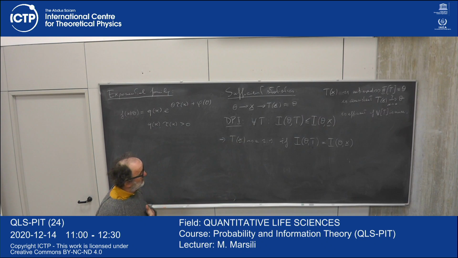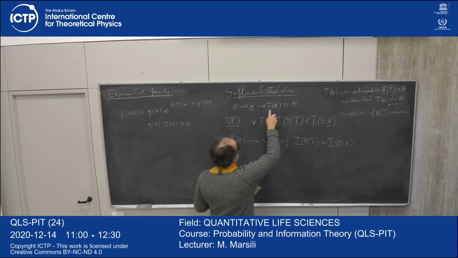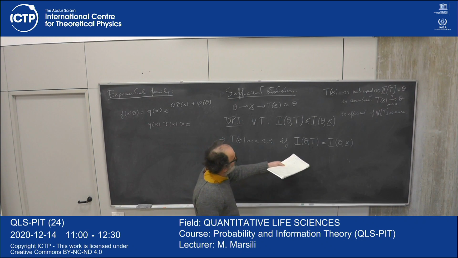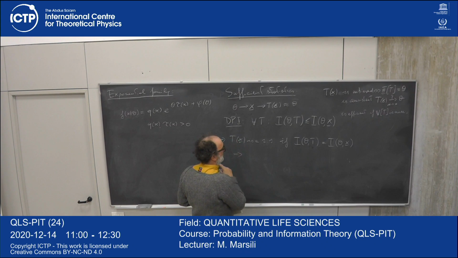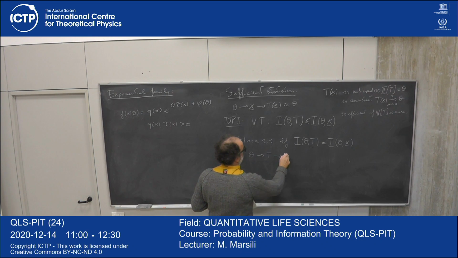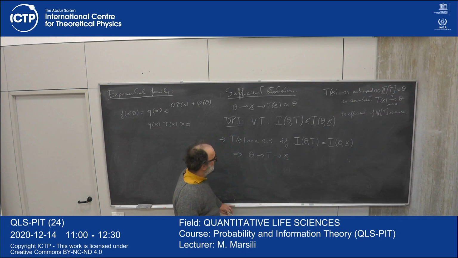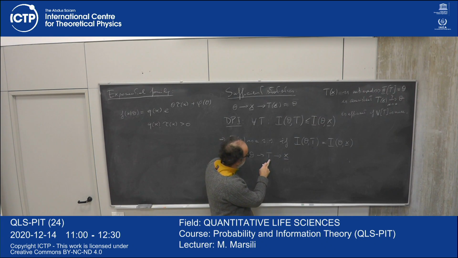So how can you make sure that a particular statistic or a particular combination of the data is a sufficient statistic? Well, if this is true, then it must also be true that the statistical dependence can be reversed, in the sense that once you know T, if T contains all the information about theta, then you can generate a sample x independently of theta.